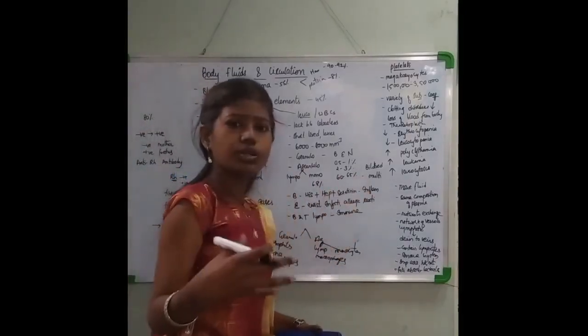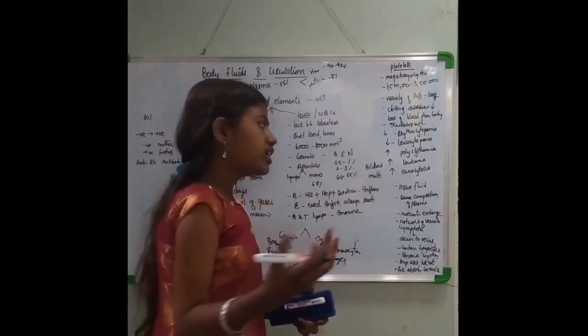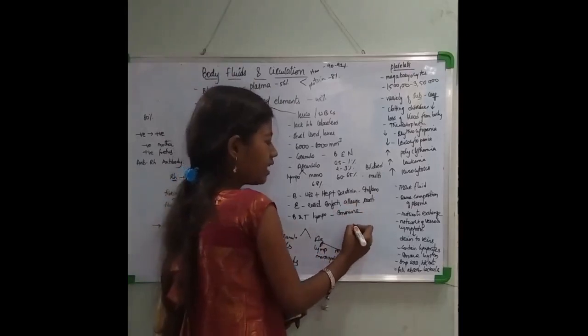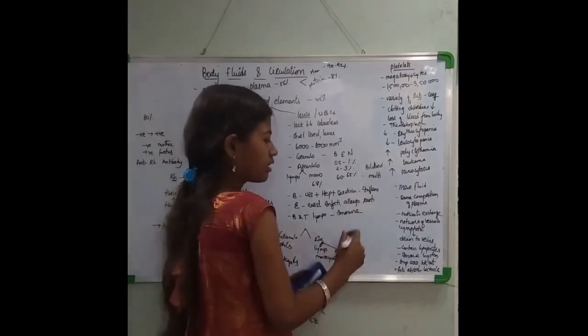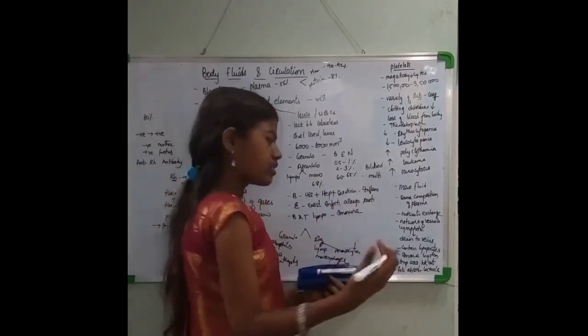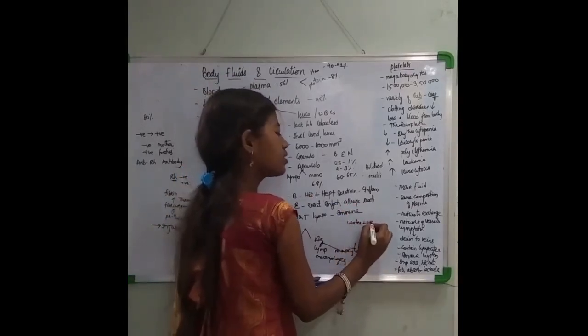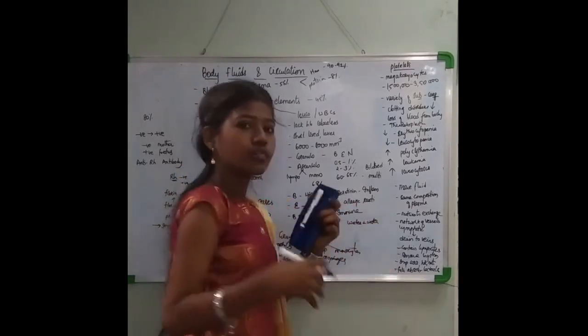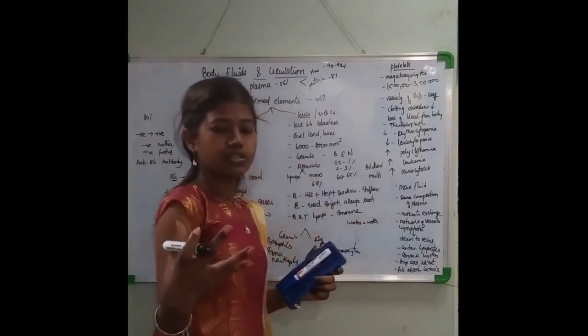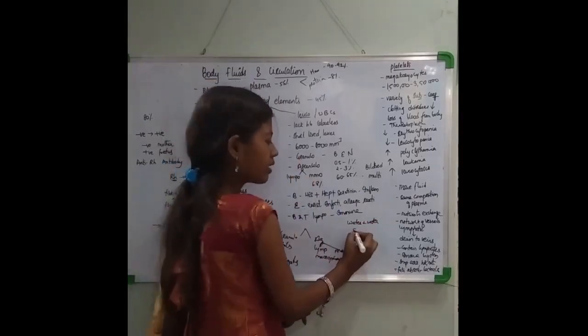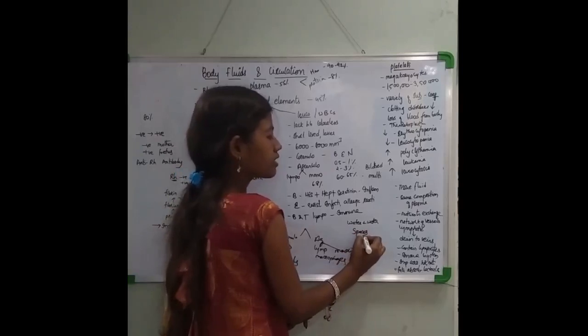Now lymph, as I have told you, is a colorless tissue fluid. Water along with water soluble substances moves from cells into the tissue spaces.